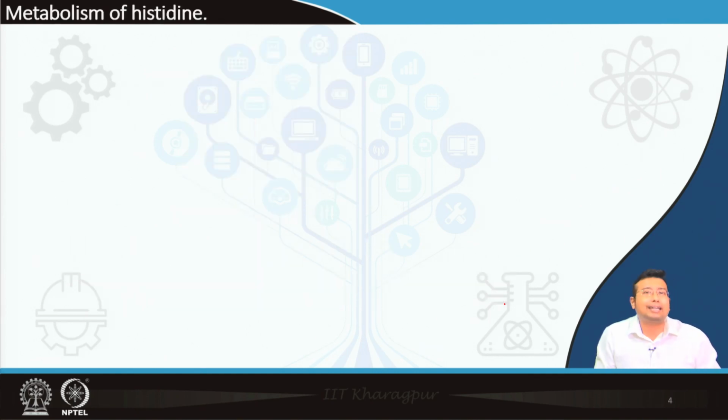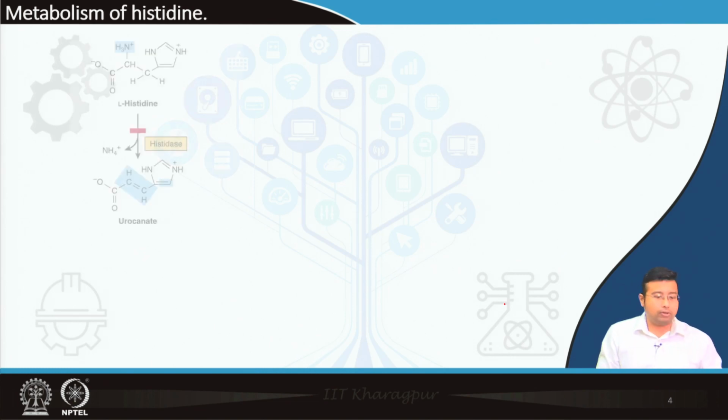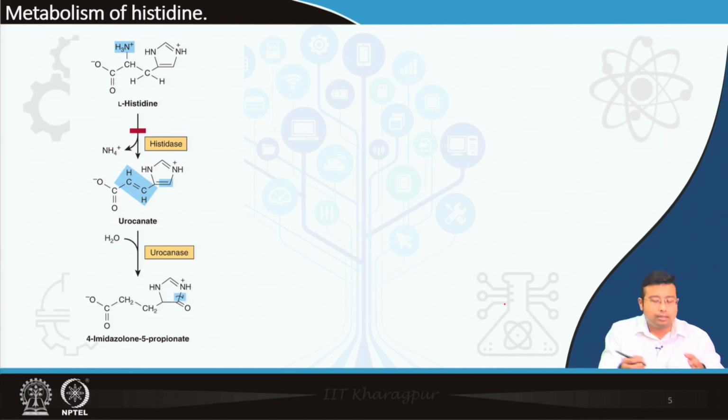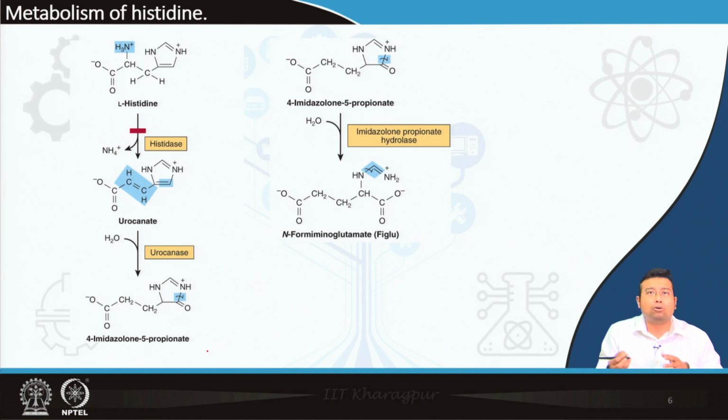Regarding the metabolism of histidine, what we need to know is how histidine is degraded mainly. Histidine, by the action of histidase, is converted to urocanate, in some cases also known as urocanic acid, which upon action by urocanase enzyme is converted to 4-imidazolone 5-propionate, which undergoes a hydrolase enzyme action.